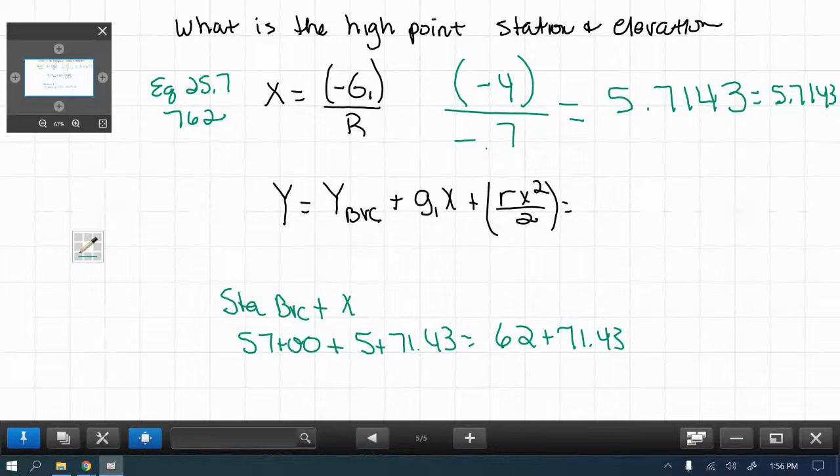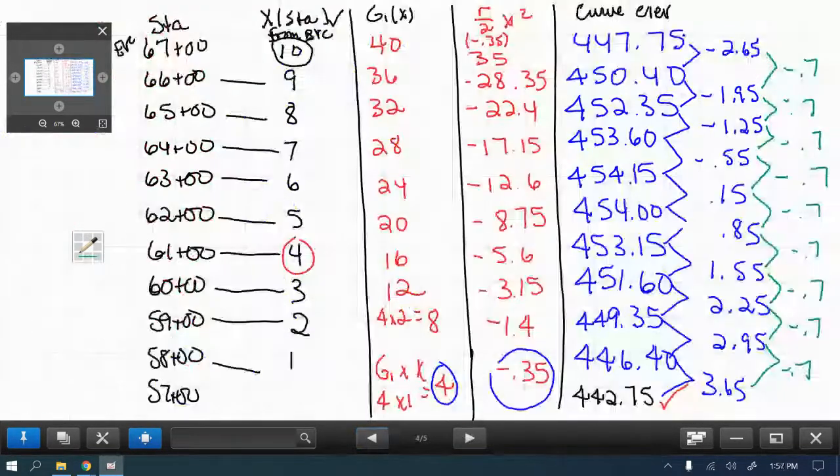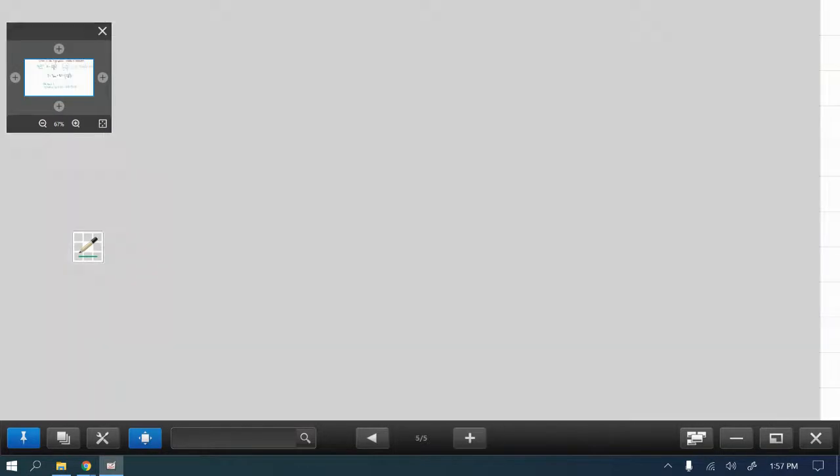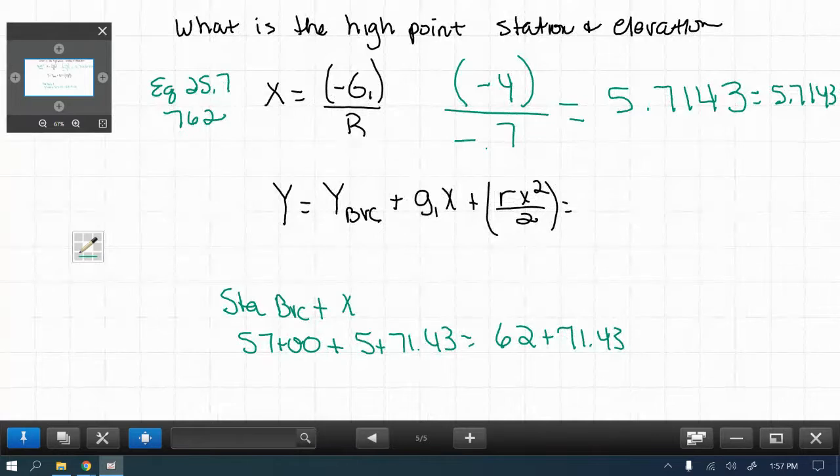A lot of times I put it back in my chart. I come back in that chart and look around that 571.4. I plug it in there. Okay, now I need to get the elevation.